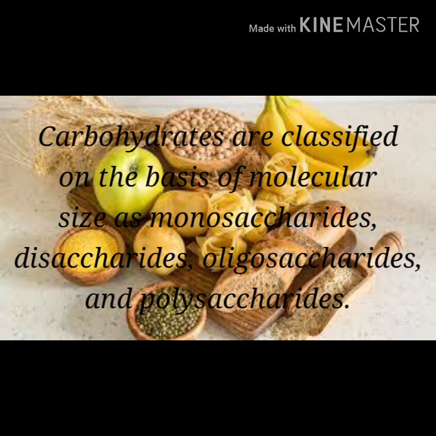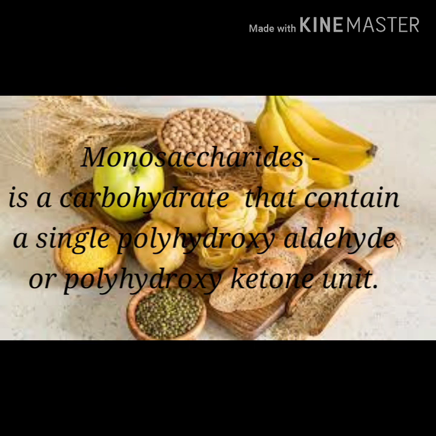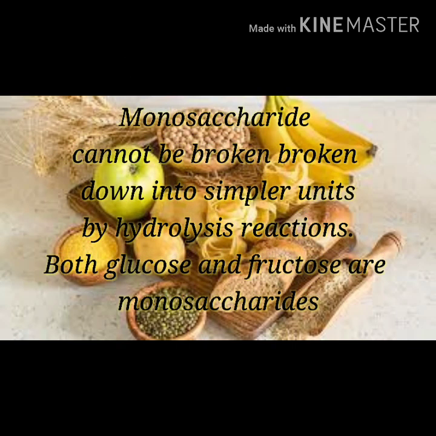Carbohydrates are classified on the basis of molecular size as monosaccharides, disaccharides, oligosaccharides, and polysaccharides. A monosaccharide is a carbohydrate that contains a single polyhydroxy aldehyde or polyhydroxy ketone unit. Monosaccharides cannot be broken down into simpler units by hydrolysis reactions, and both glucose and fructose are monosaccharides.